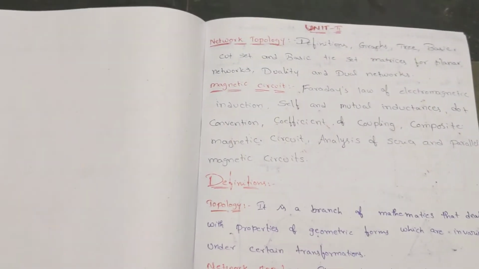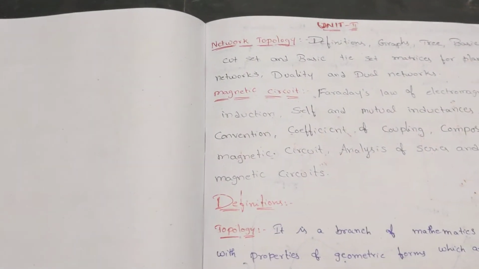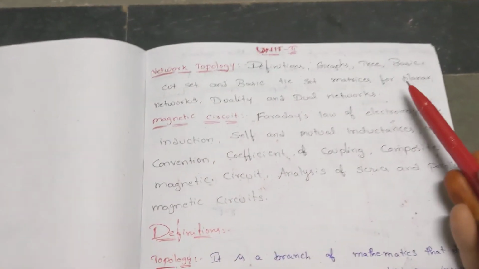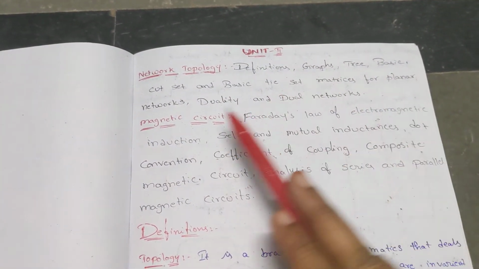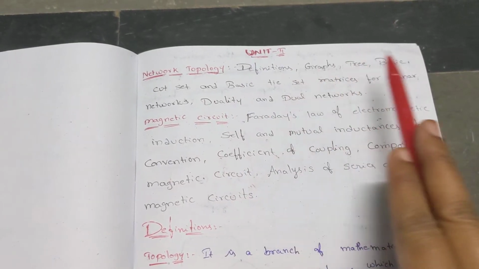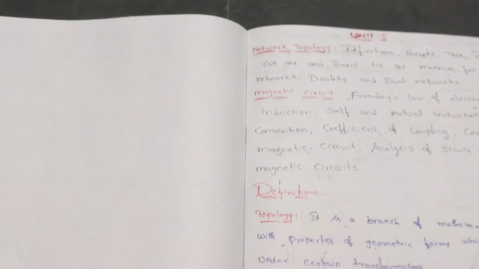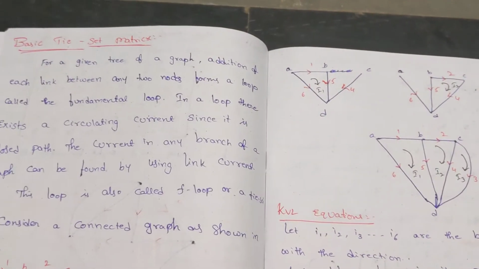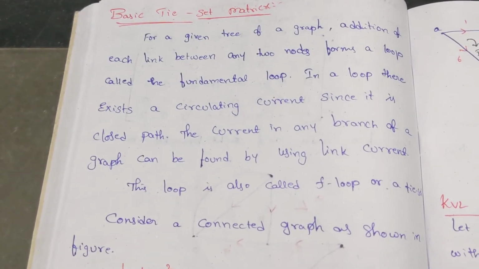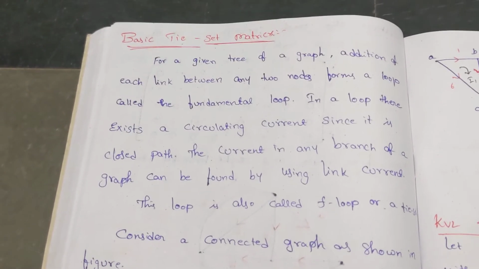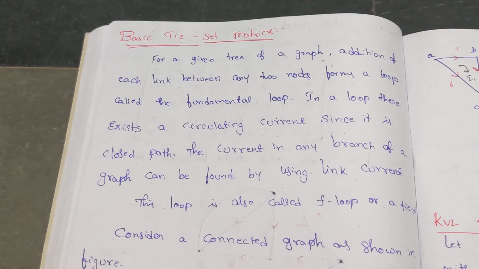Here please understand only one thing, especially for your syllabi. For your syllabi we have the cut set matrix or tie set matrix for planar networks. Planar networks are nothing but graphs that we can draw on two-dimensional surfaces, we call them planar graphs.